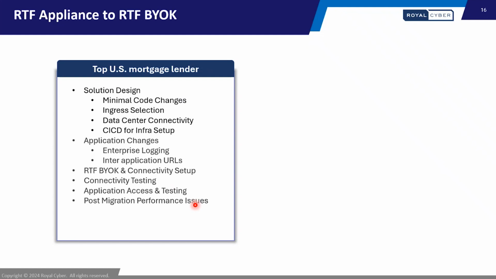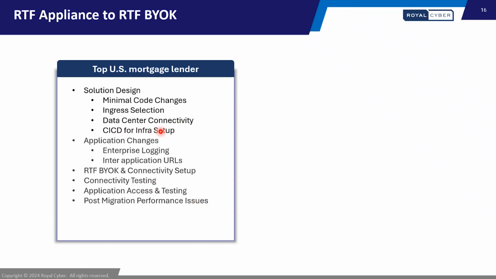As we discussed earlier, the RTF appliance has a built-in ingress controller load balancer, but for self-managed Kubernetes, we need to select and configure an ingress controller load balancer. Here we carefully selected a combination of AWS ALB and Nginx controllers so that we could avoid any URL changes required for this migration.